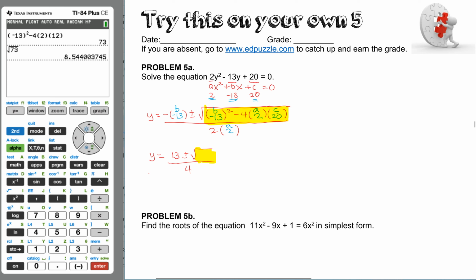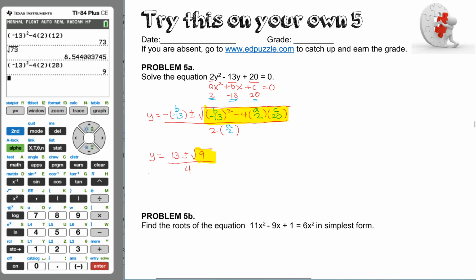Just enter that in the calculator. We have here negative 13 squared minus 4 parenthesis 2 parenthesis 20. I want you to be patient in entering the parentheses because that really makes a difference if you are not entering it in parentheses. Press enter, and this one gives you 9.